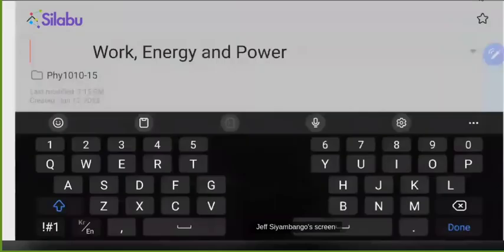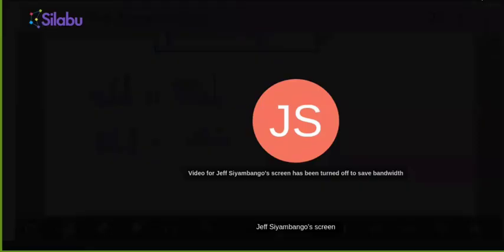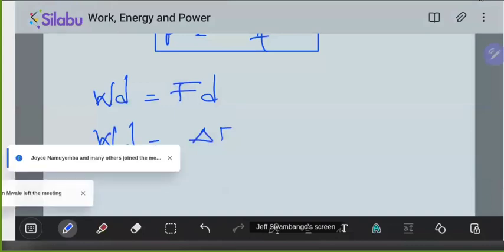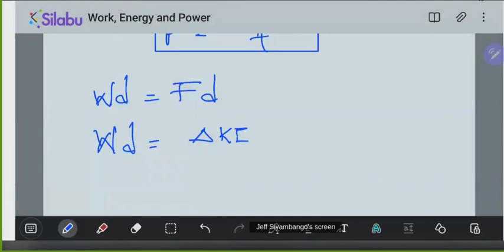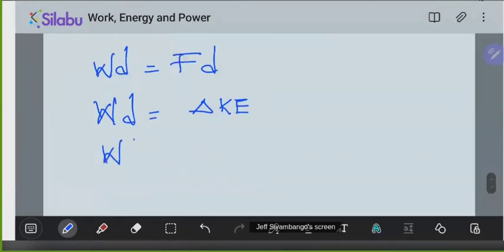So we also saw that work done can be calculated in terms of the change in energy. To be specific, at one point, work done came out as the change in kinetic energy, and at some point, work done came out as the change in potential energy.